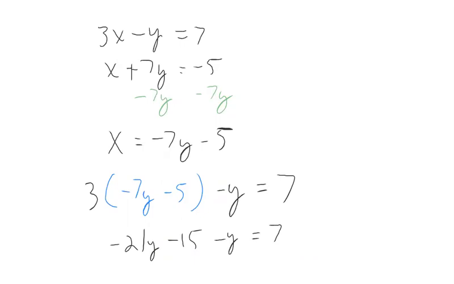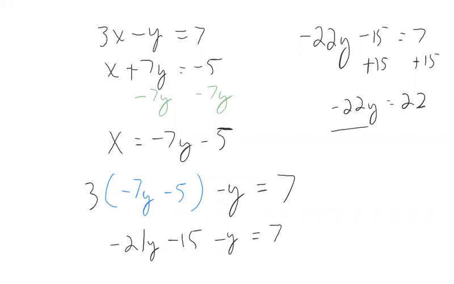Negative 21y minus y is negative 22y, minus 15 equals 7. Add 15 to both sides. Negative 22y equals 22. Divide by negative 22. y equals negative 1.